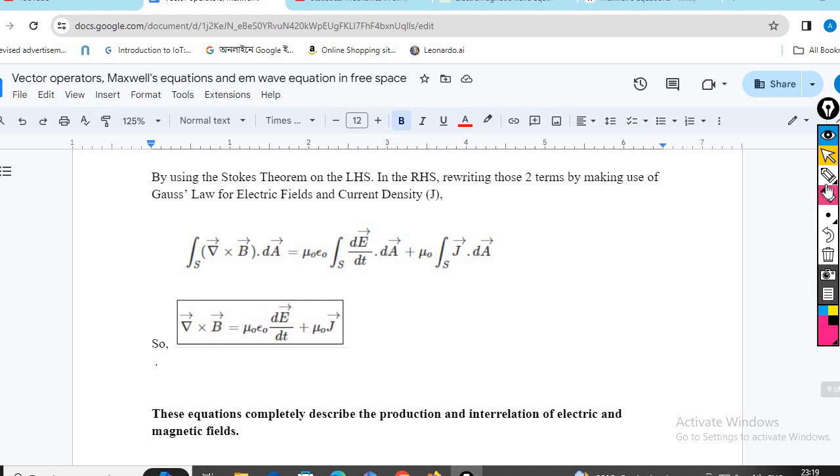One can simply write the curl of the magnetic field is equal to mu 0 epsilon 0 dE/dt plus mu 0 J. So what is J? J is the current density. This part is because of conventional current, or due to flow of charges, electron charges, and this part is because of displacement current, because of the orientation of dipoles.